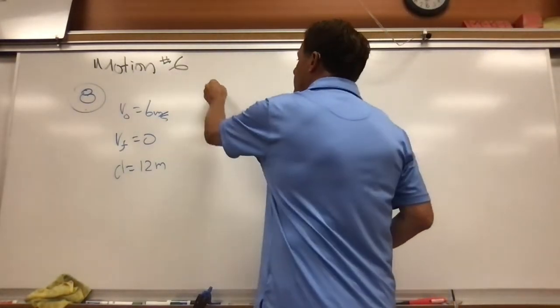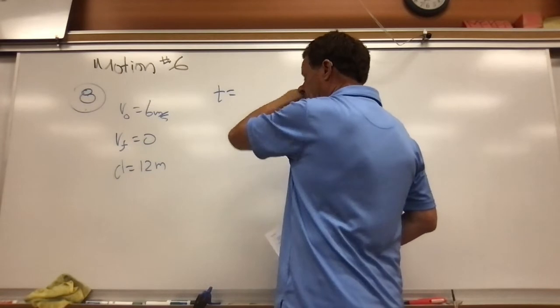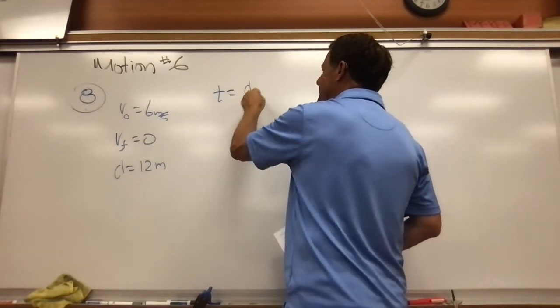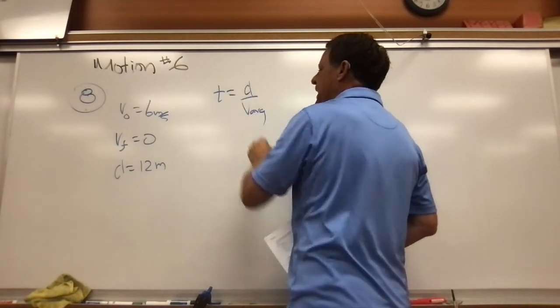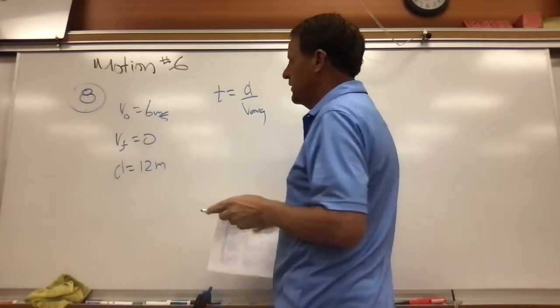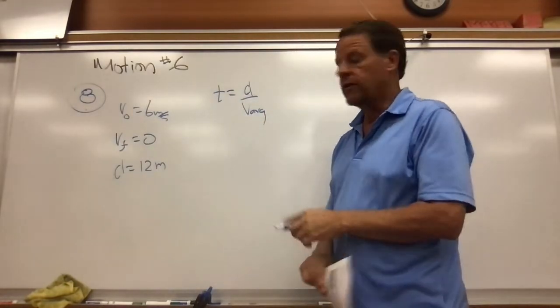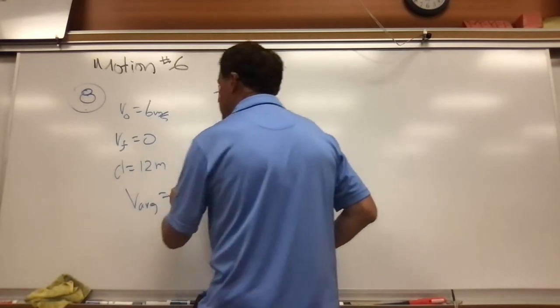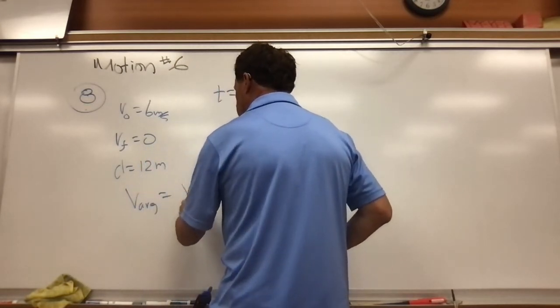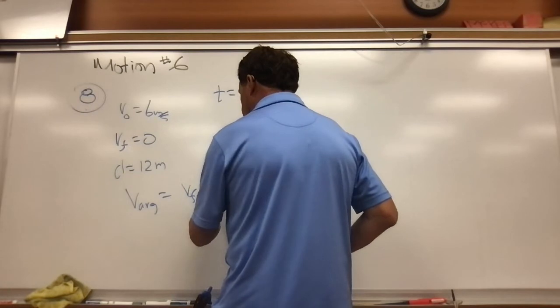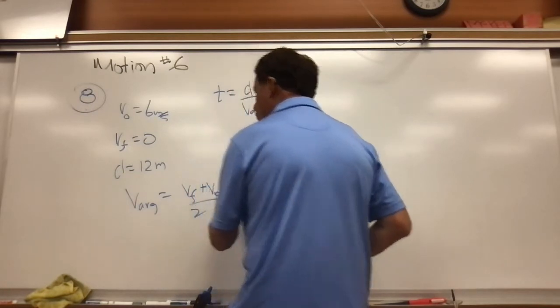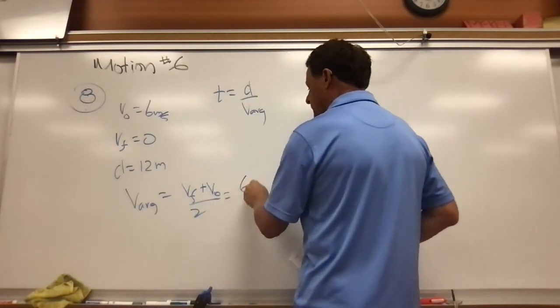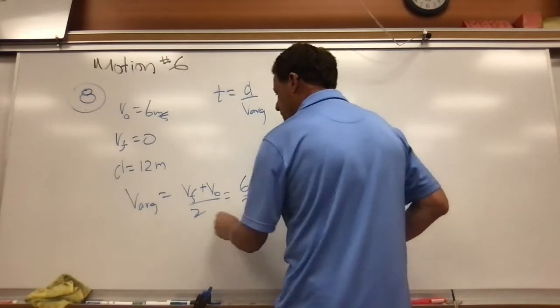Okay, so we know that time is going to be distance divided by average velocity. So we have the distance. We want to cover the average velocity. So average velocity is going to be equal to v final plus v original divided by 2. So that's going to be 6 plus 0 divided by 2.